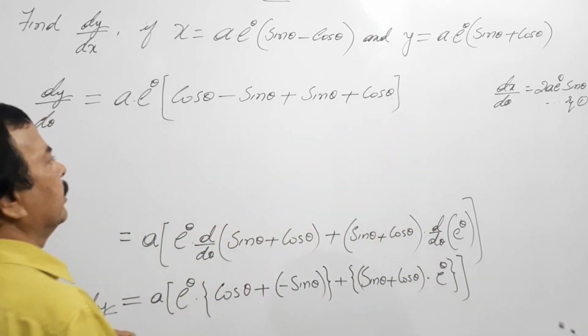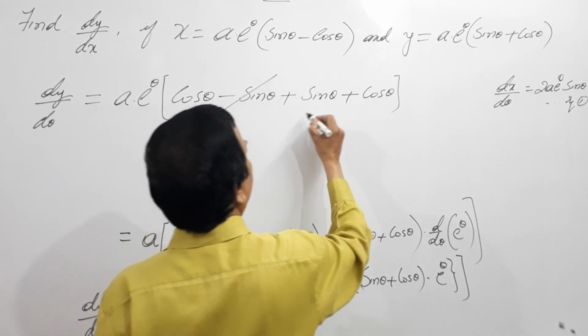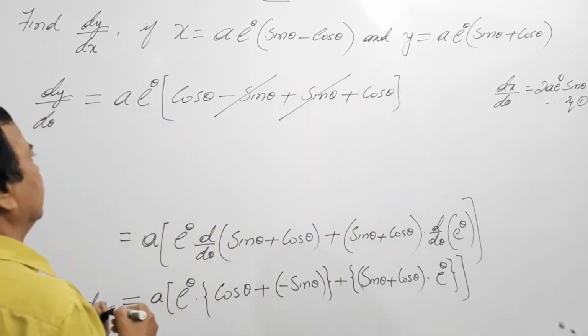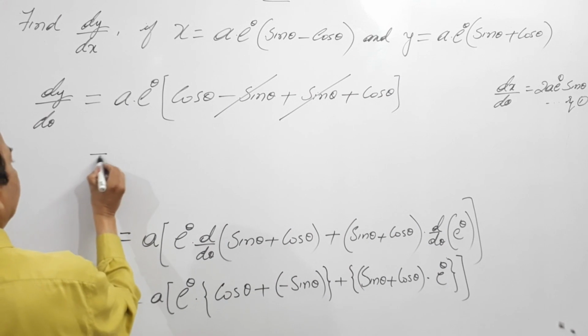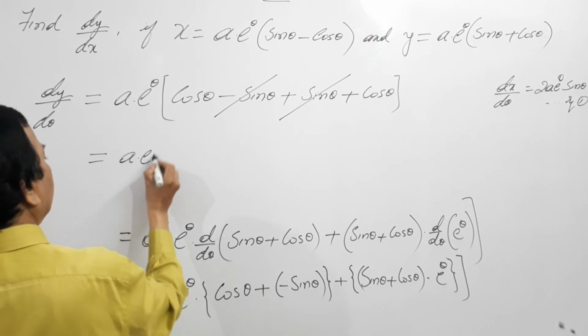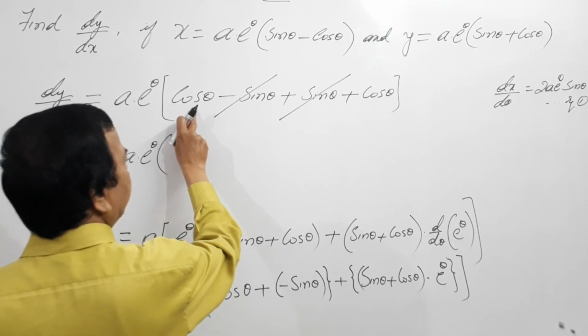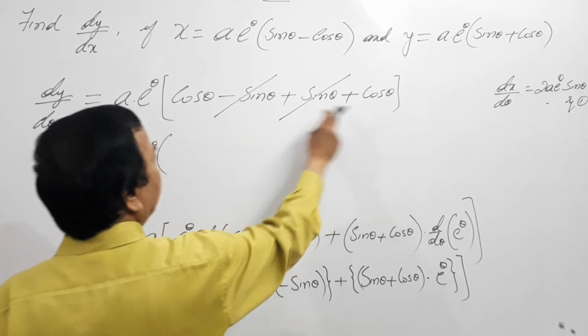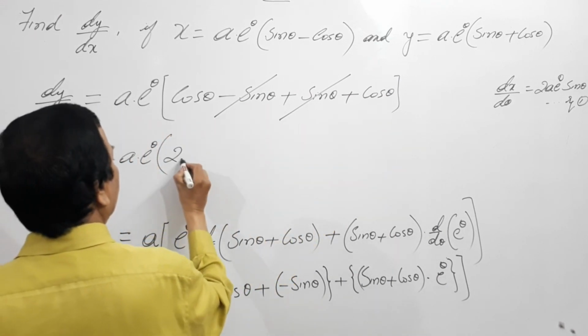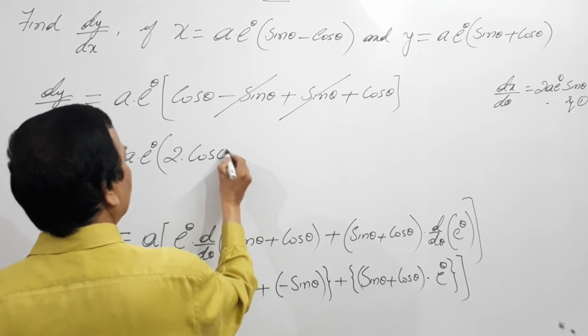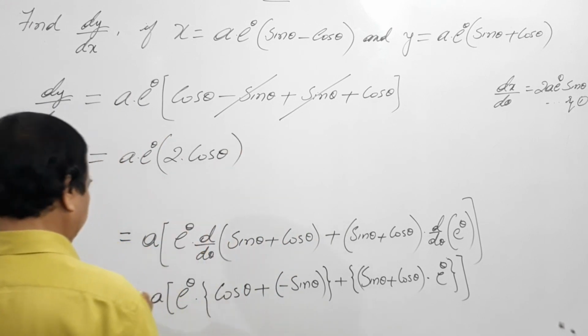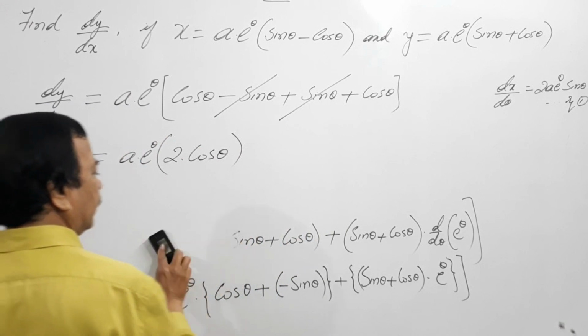In this case, minus sin theta plus sin theta cancels. So this becomes a into e to the power of theta. Here we have one cos theta, here also one cos theta, so if you add, it becomes 2 cos theta.